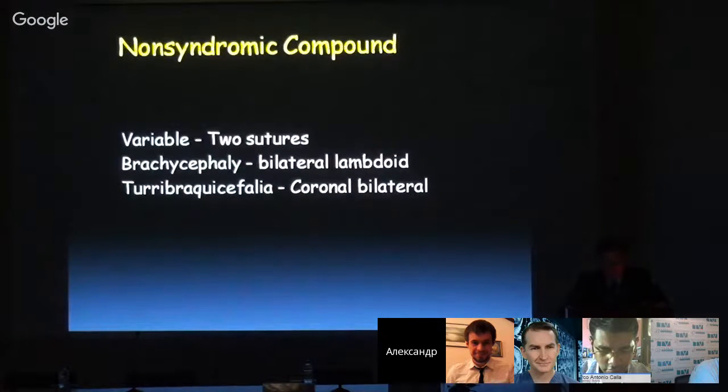Non-syndromic compound, we have variable, basically 2 sutures: brachycephaly, the bilateral lambdoid closure, and brachycephaly, the coronal bilateral closure.